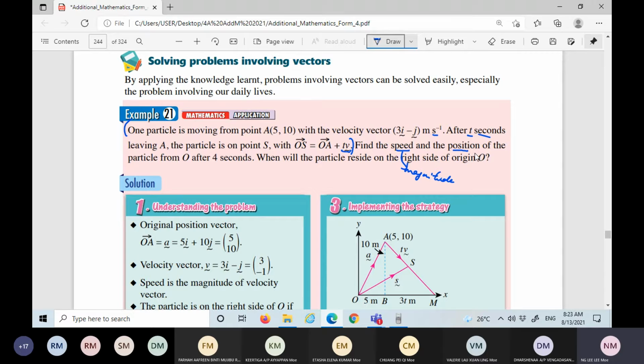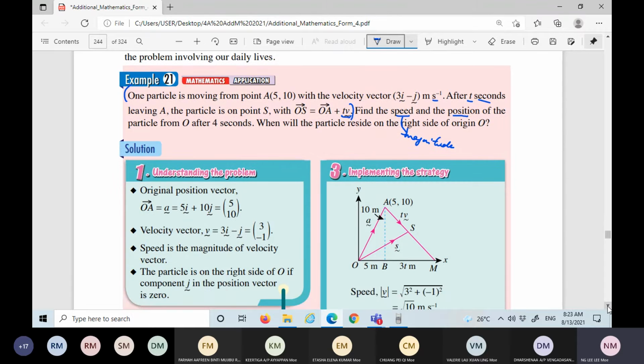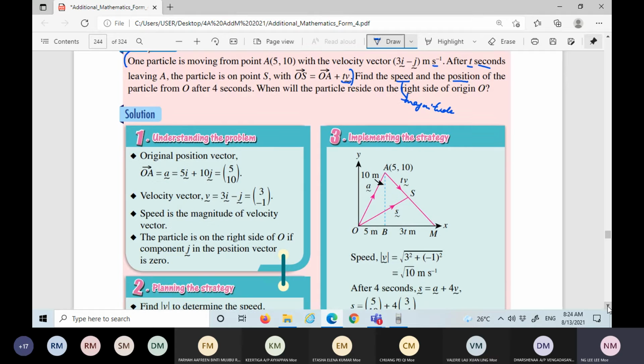After that you still have one more part. So let's see, how to find the speed? By finding the magnitude of the velocity. So 3 and negative 1, square it, add up and then square root it. So the answer for the speed is square root 10. You can just leave it as square root 10.